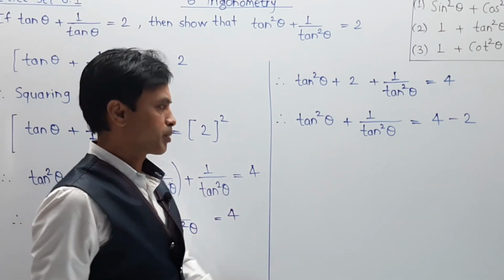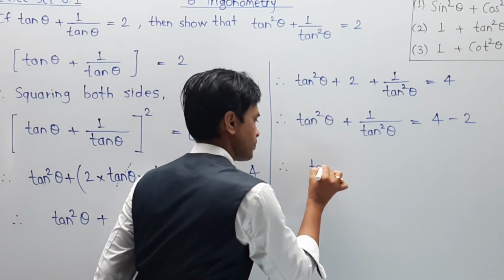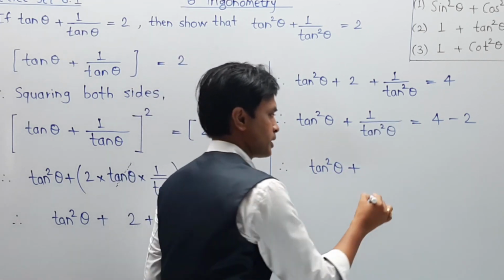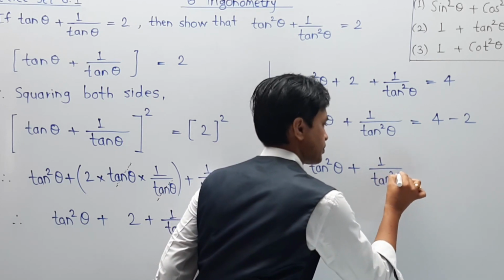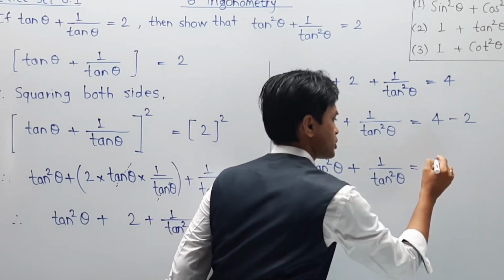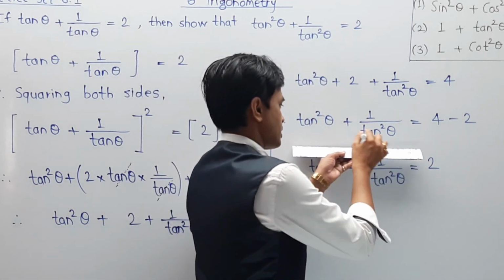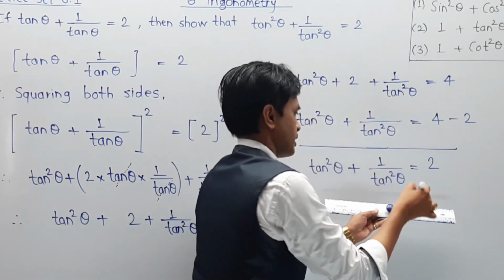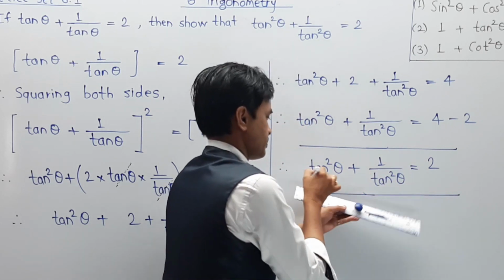Now we just have to simplify: tan square theta plus 1 upon tan square theta is equal to 4 minus 2, that is equal to 2, and this is your required answer. Or logically you can say that they have given a condition and we are successfully able to prove it.